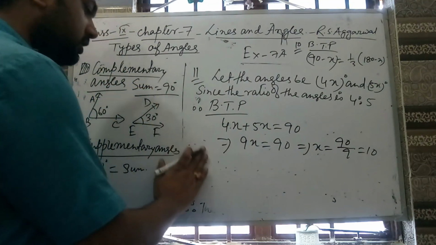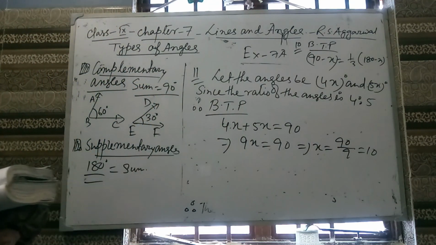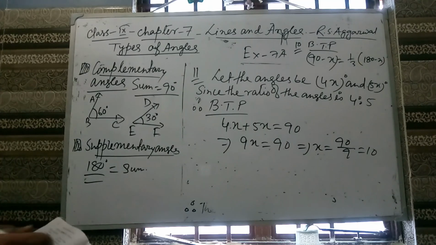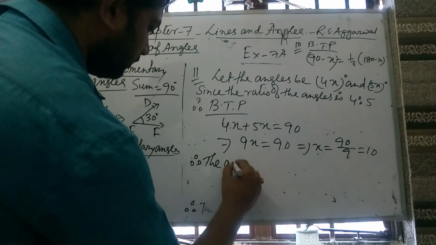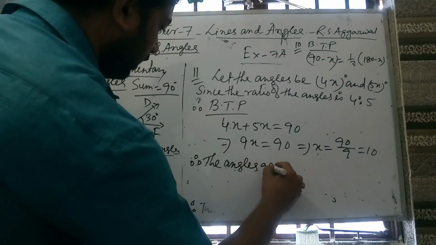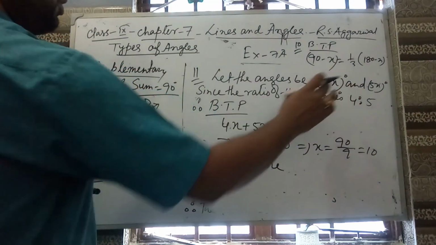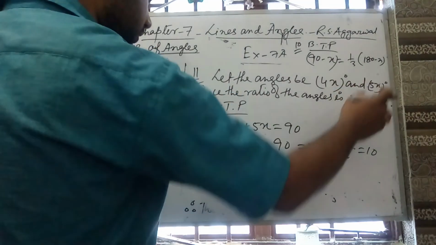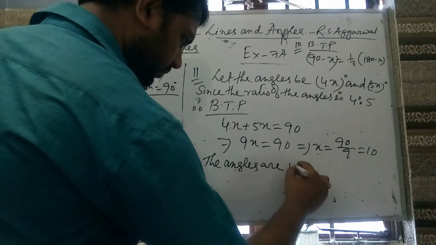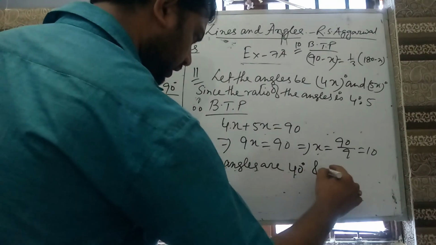Therefore, what is the question? Find the angles. Therefore, the angles are, x is 10. So 4x means 4 into 10, 40. 5x means 5 into 10, 50. So angles are 40 degrees and 50 degrees.